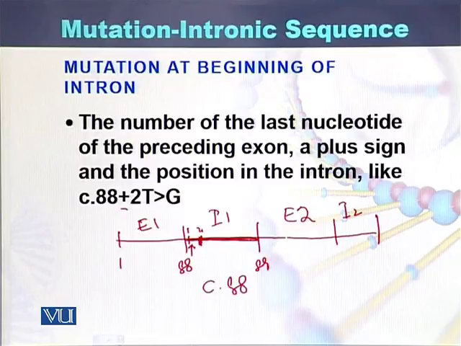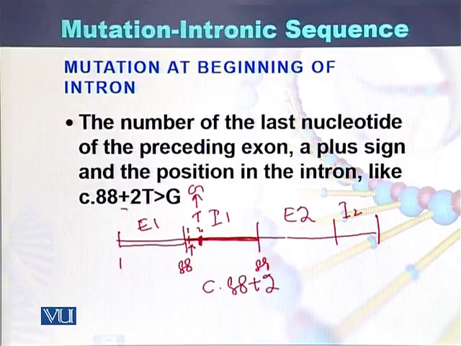C.88, which represents the last nucleotide of the exon, 88 plus 2. Plus 2 means the second nucleotide which is present in the intron. At this position there was a T, and that T is replaced by G. So we can say that there was a thymine at the second position of the intron.